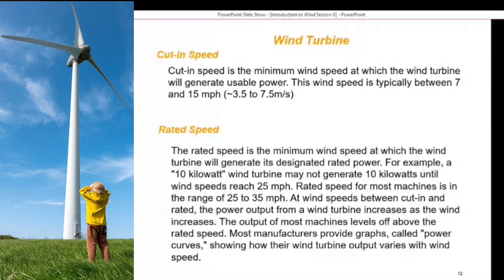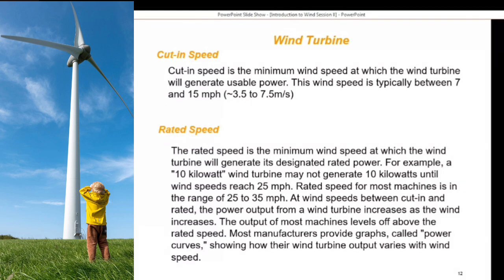It means that, for example, a 10 kilowatt wind turbine may not generate 10 kilowatts until the wind speed reaches this. As an example, rated speed for most machines is in the range of 25 to 35 miles per hour. At wind speeds between cut-in and rated, you can produce, but not the maximum of the designed rated power.